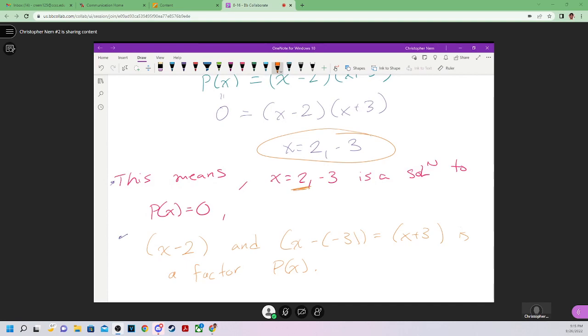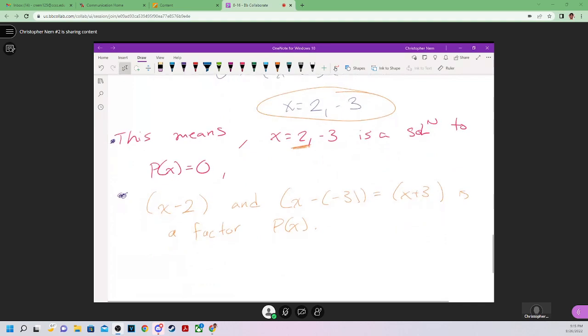That's a very strong statement, and I recommend you understand what this means. If you look into your review, it actually plays a role in the last question. I gave you guys an example of what happens if I plug something in and I get 0 out. Well, that automatically should tell you it's a factor. What does this also mean?